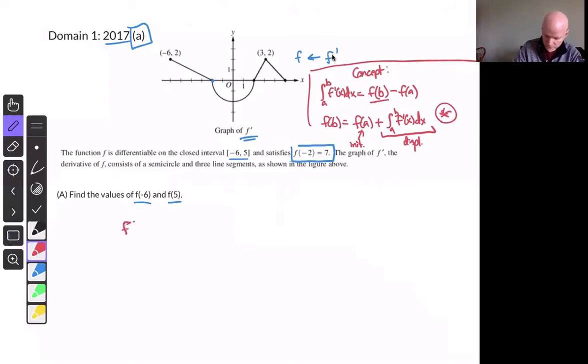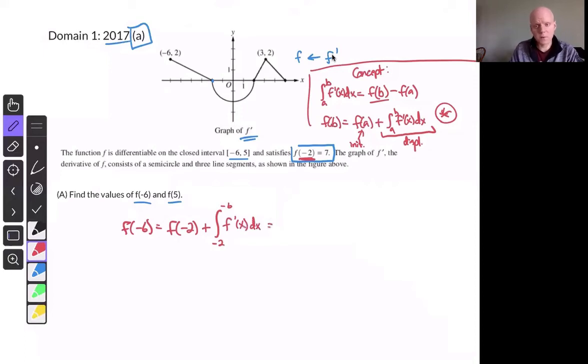So according to this relationship, f of -6 is going to be equal to, and because I'm given this information right here, f of -2, I'm going to use f of -2 to set up an integral that goes with it. So f of -6 is my starting point, f of -2, plus the integral that goes from -2 to -6 of f prime of x dx.